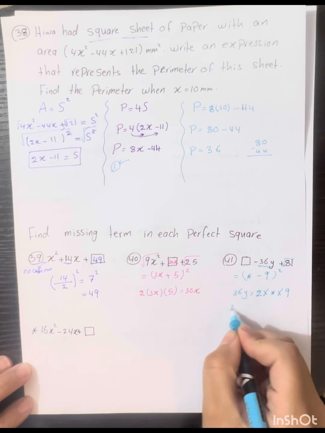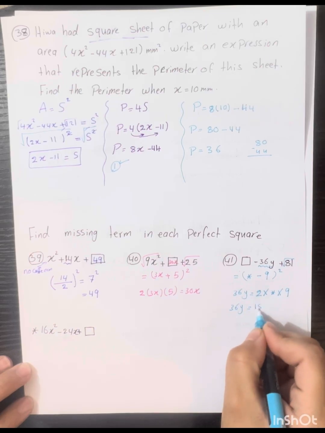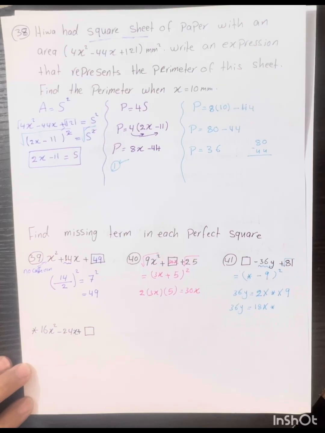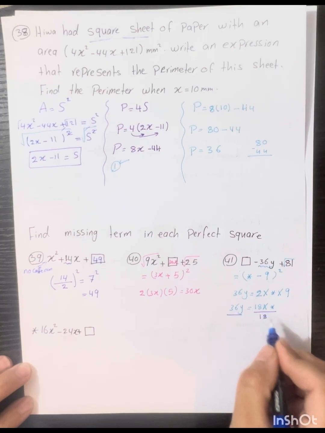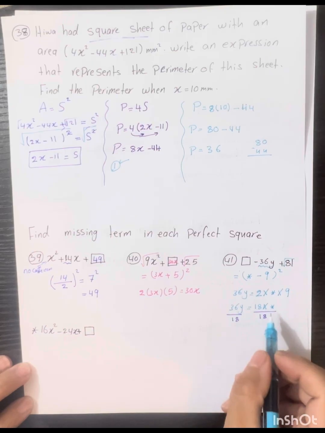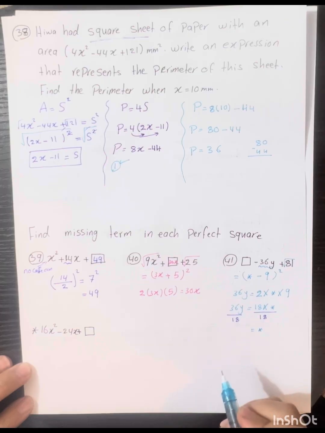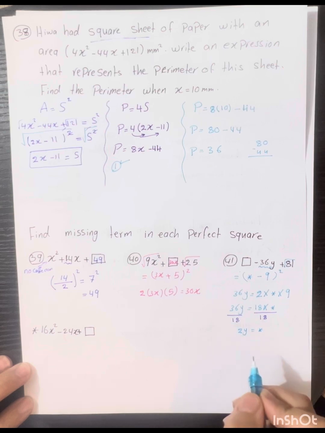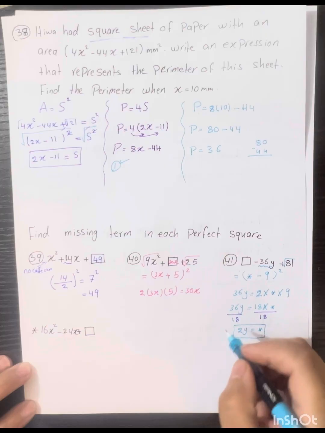Now 36y equals 2 times 9, which is 18, times the missing term. As you know, if there is a variable with a coefficient, we need to divide both sides by the coefficient of the variable. Now on this side we get the missing term equals 36 divided by 18, which is 2y. Student, this is the missing term inside the bracket.